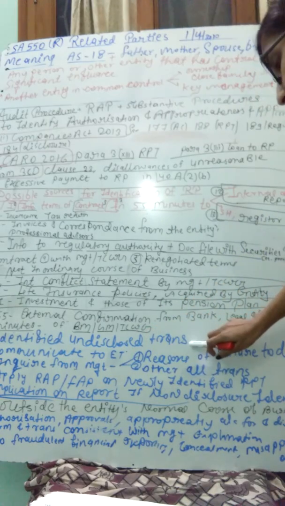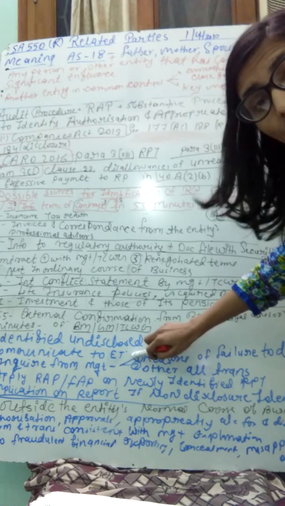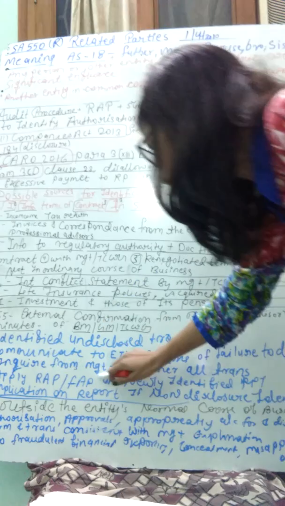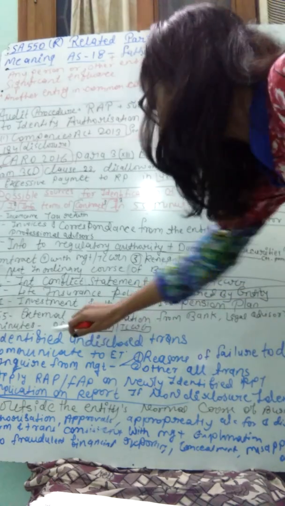Then if there is any unidentified or undisclosed transaction, you communicate this transaction to our engagement team. Then inquire from the management about the reasons for failure to disclose this transaction.